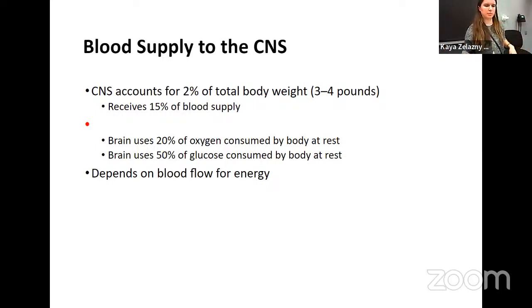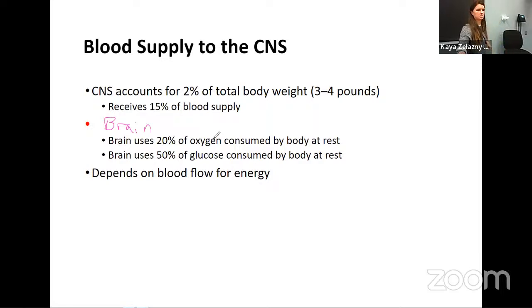So this second bullet point will be brain. The brain needs glucose and oxygen. Okay. So we have so much blood flow because the brain is going to need a lot of glucose and a lot of oxygen, even at rest.